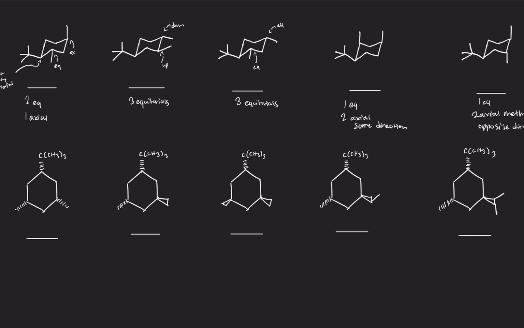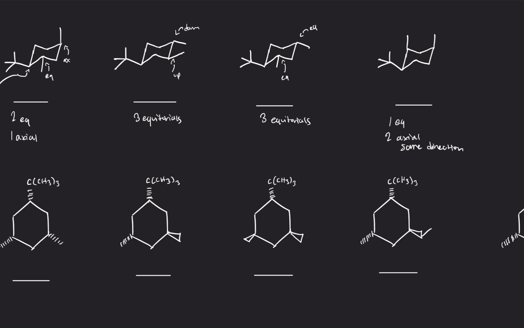And we only have two cyclohexanes with three equatorials. Actually, in this first one here, the two methyl groups are in opposite directions. But in this one, they're both in the same direction.